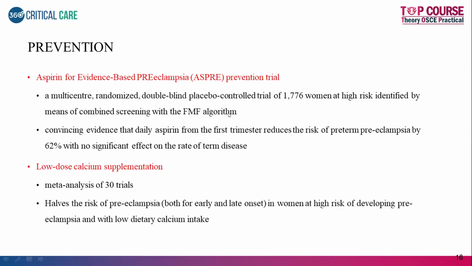There is one algorithm which is present, so they have identified that. So the convincing evidence that daily aspirin from the first trimester reduces the risk of preterm preeclampsia by 62% with no significant effect on the rate of term disease.